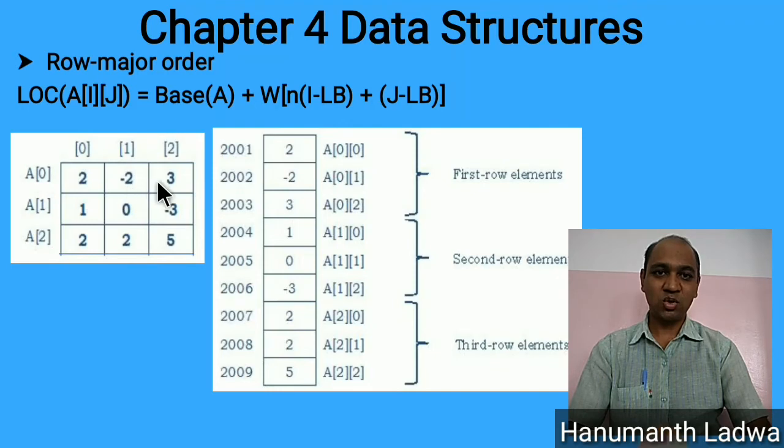So the first row gets filled up first. Next you can see the second row elements and the third row elements. The second row consists of 1, 0, minus 3, and similarly here also you can see 1, 0, minus 3. The third row consists of 2, 2, 5, and here also you can see 2, 2 and 5.